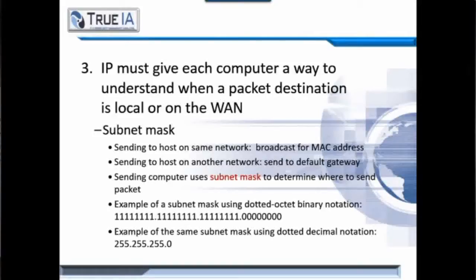However, if it's sending to a host on another network, it will send that data packet to the default gateway. The way the router understands this is by the computer using the subnet mask to determine where to send that packet. So an example of a subnet mask for a Class C address would be 255.255.255.0.